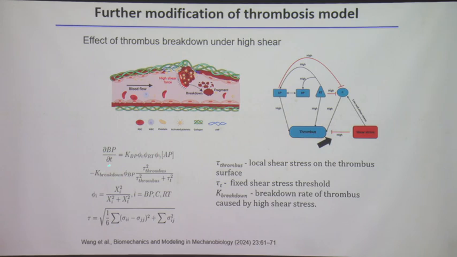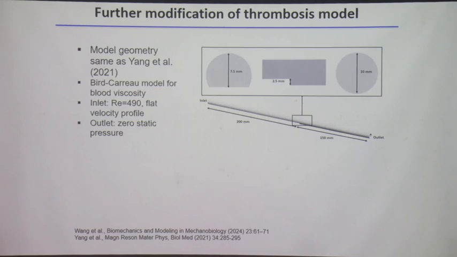The only equation that was modified is the differential equation that governs the transport of bound platelets, which are the clots. So we introduced a breakdown rate, and that is related to a shear stress threshold. And then the switching function is still the same. By introducing these, we can see what differences that actually makes.